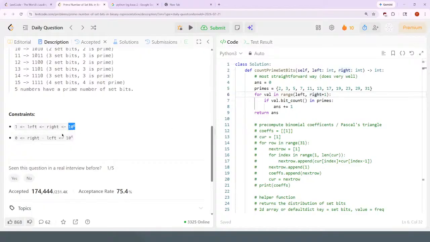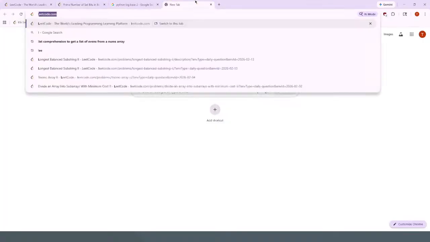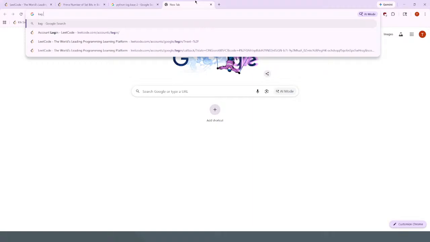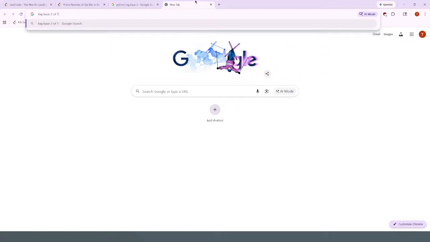I want to say that 10 to the 6, you can have at most some lesser number of this. What is log base 2 of 10 to the 6?